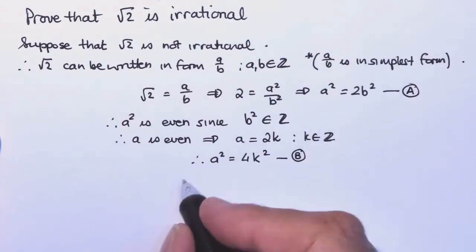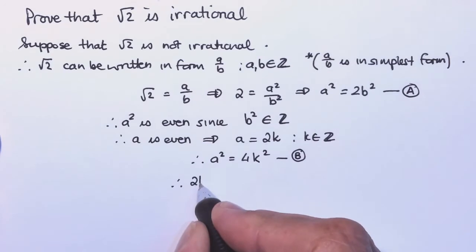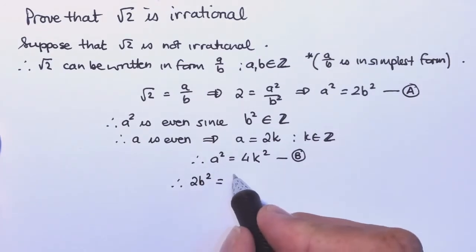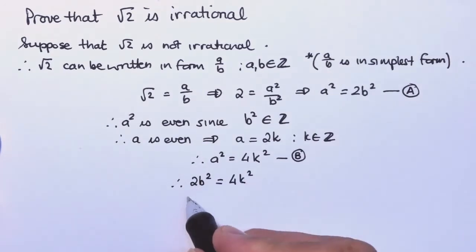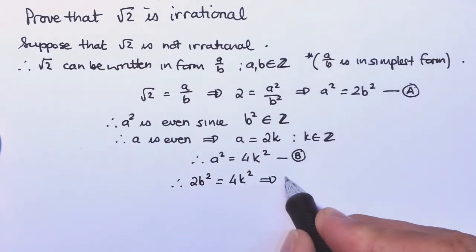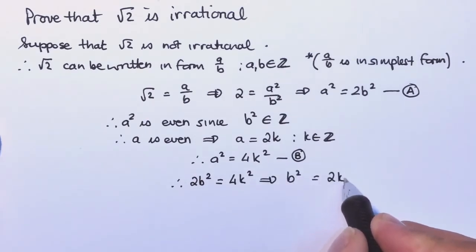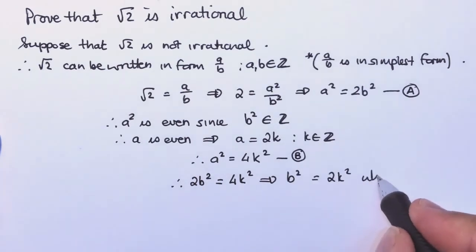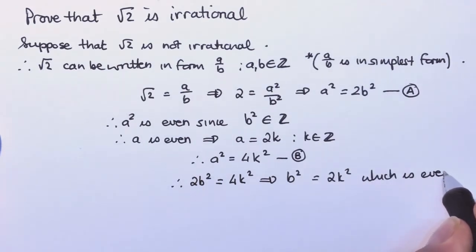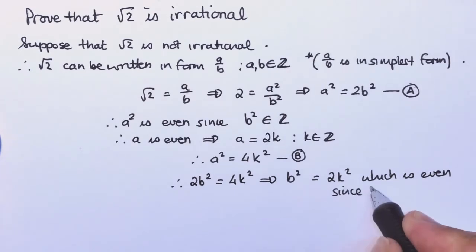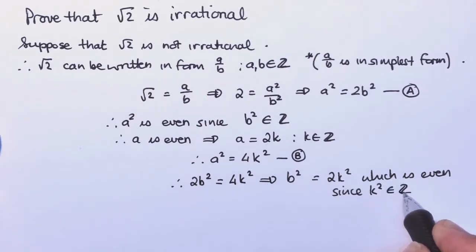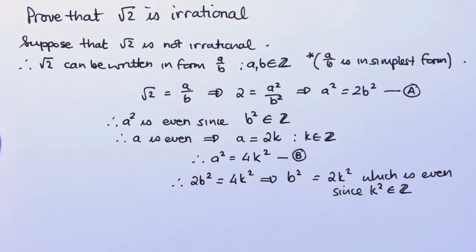So if we equate those two, then we get 2b squared is equal to 4k squared, which then comes to be b squared being 2k squared, which again is even, since k squared is some integer. Now folks, what does that mean? This means that in our case, b is thus even.